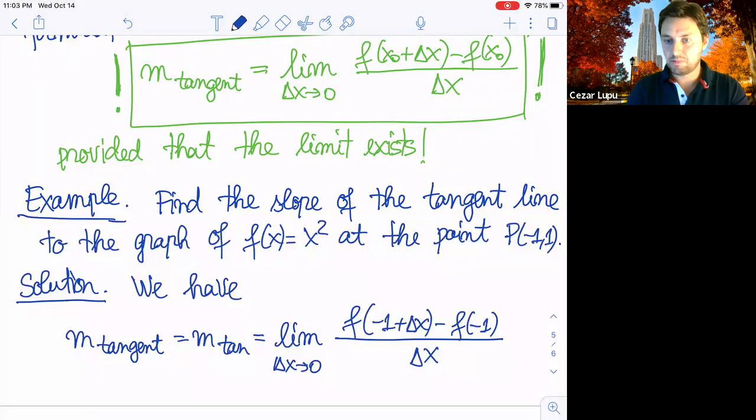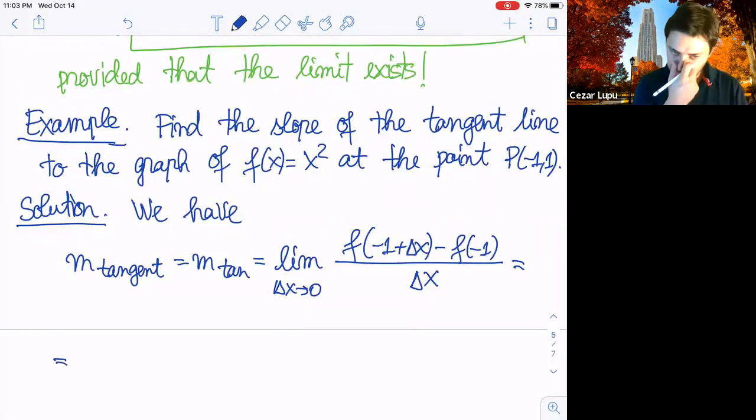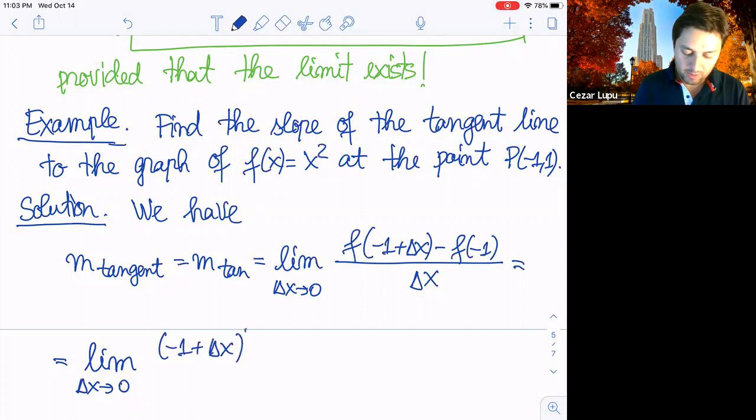And now let's just proceed and do the computations. So this will be the limit as delta x approaches 0 of, well, my function is f of x equals x squared, so this will be -1 plus delta x, everything squared, minus f of -1, which is 1, and everything over delta x.